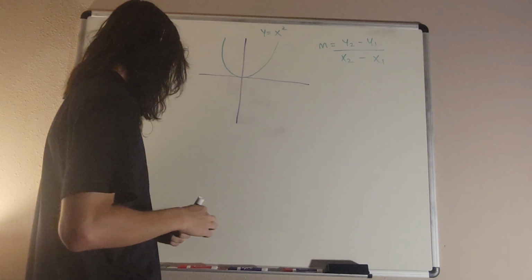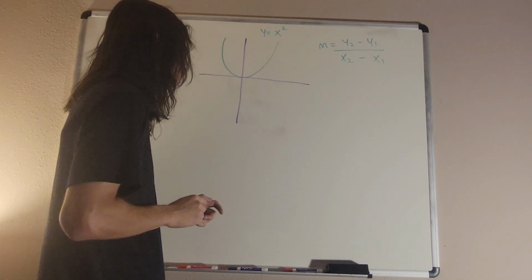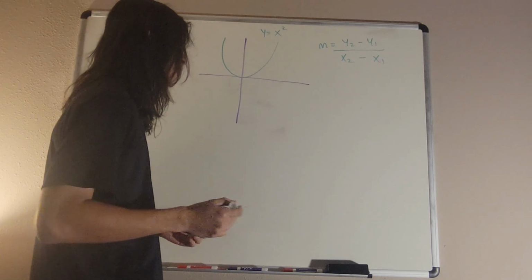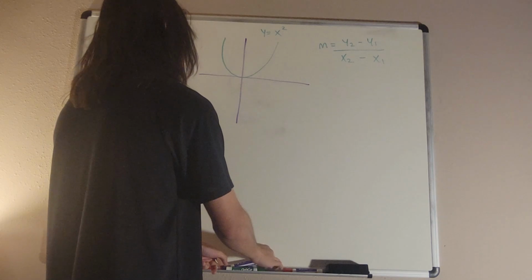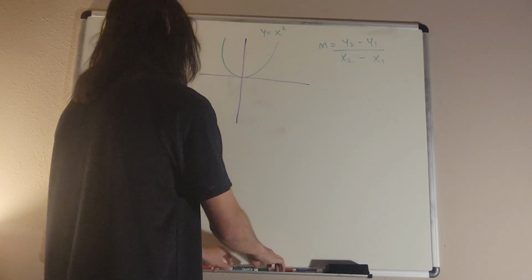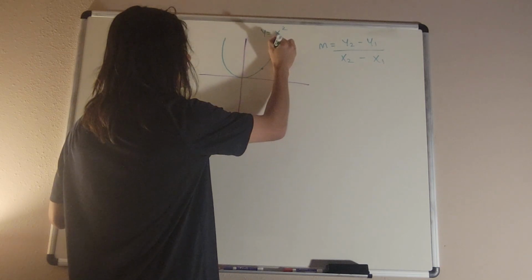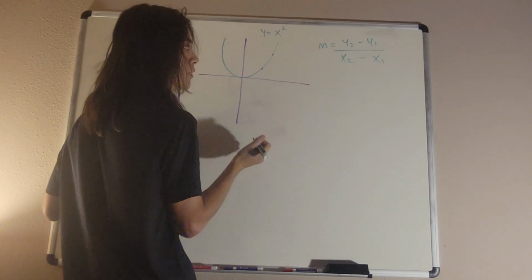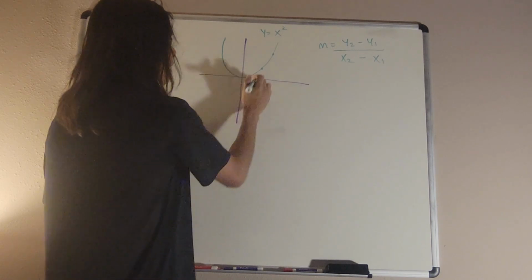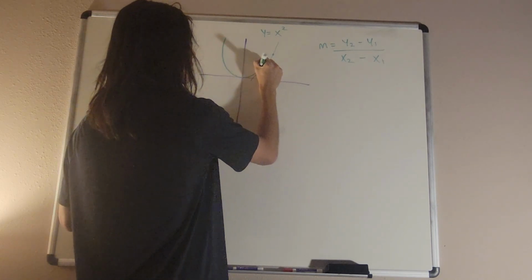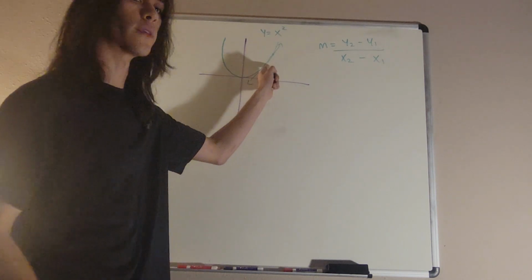And let's say we wanted to find the slope between 2 points. We'll use green for that. Okay. So let's say we wanted to find the slope at this point and at that point, right? Well, if you notice, and I should have drawn this a little bigger, if you draw a line between these 2 points, there's a small gap right there.